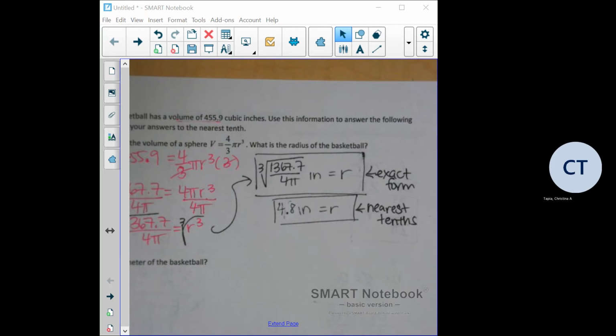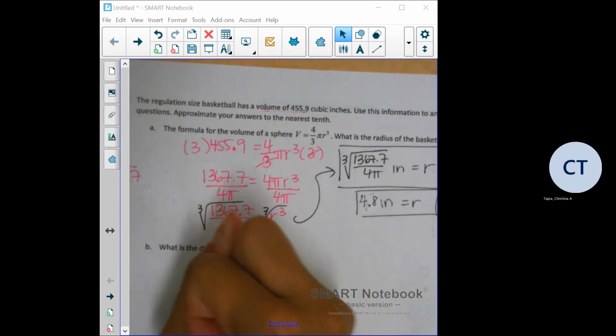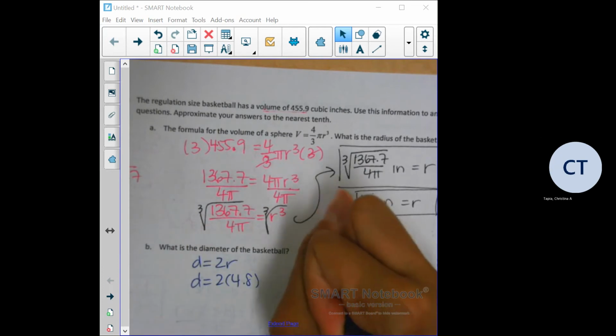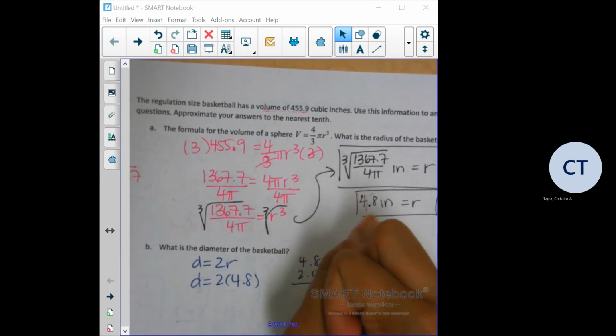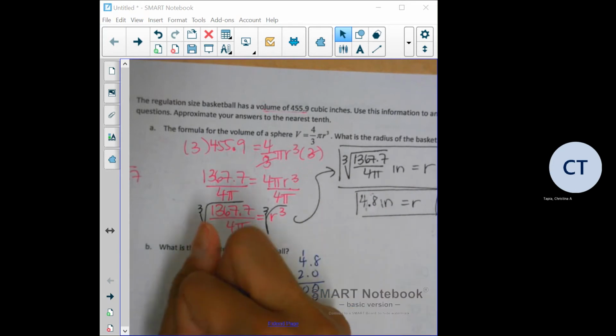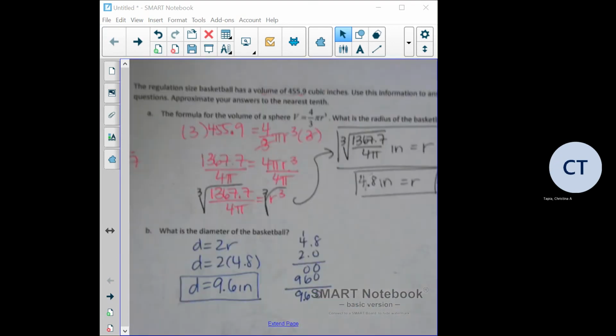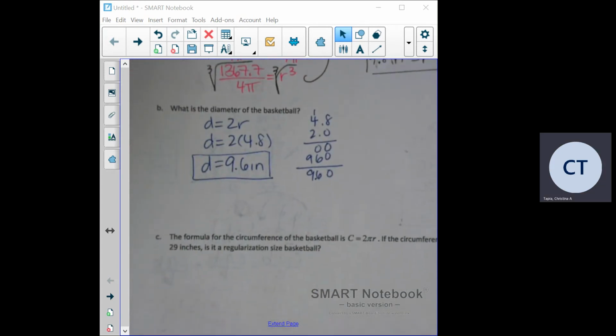It's not difficult. Your diameter should be 9.6.